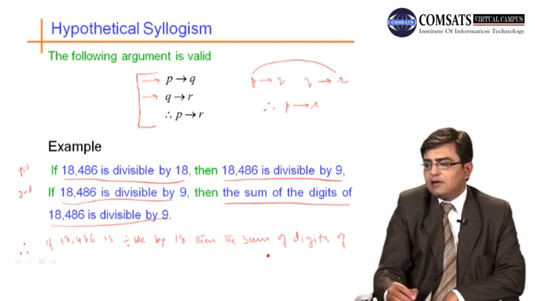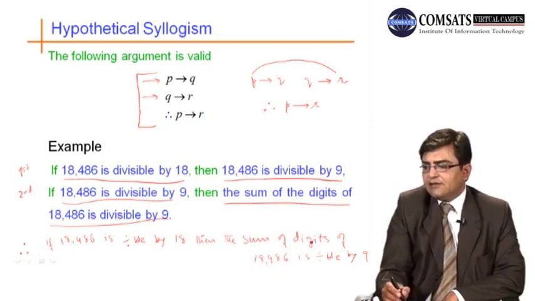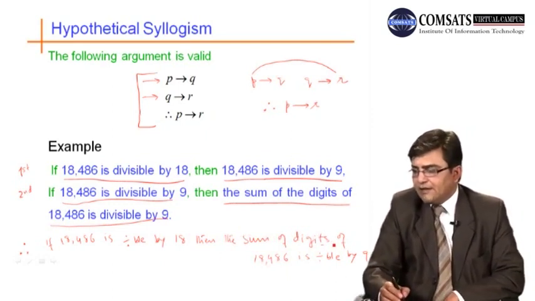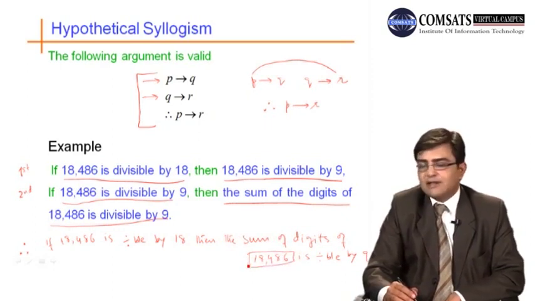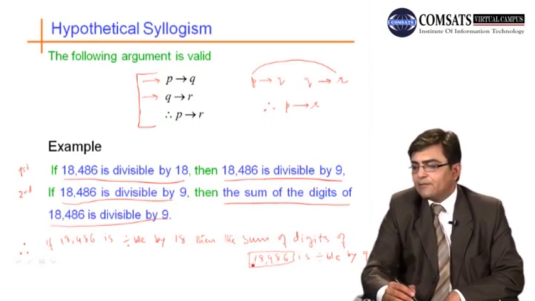of 18486 is divisible by 9. You can check basically if we sum up 1, 8, 9, 4, 13, 21 and 27. So if we sum up these digits, we get 27, and 27 is divisible by 9.